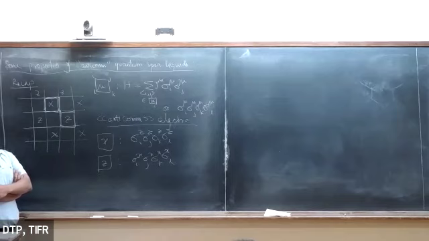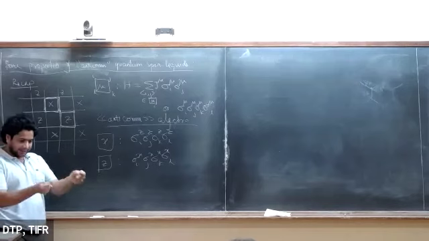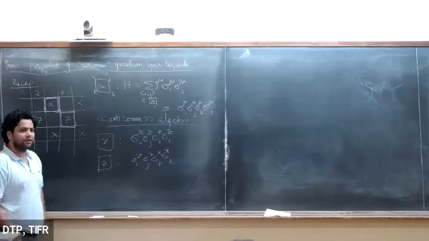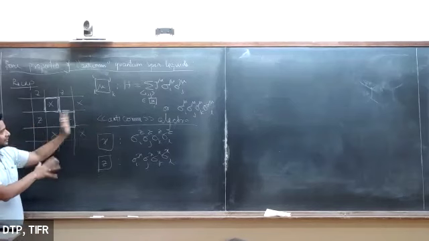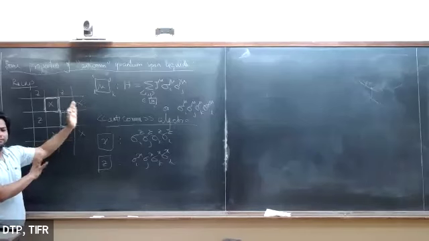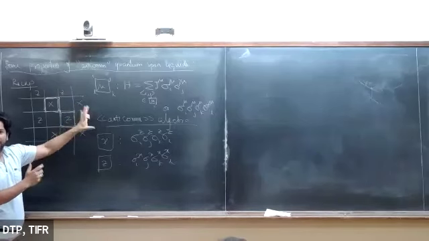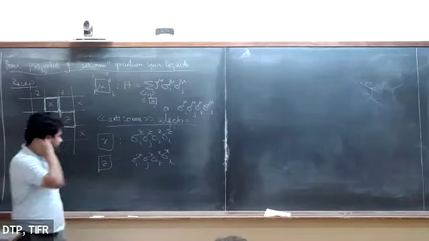It's Jackeli-Khaliullin that really made it a mainstream thing. But Kitaev's toric code was not motivated by materials. It's really a quantum computer motivation. I'm not going to get into that, but there are legitimate, valid quantum error correction and quantum code motivations for these things, which I am studying separately.